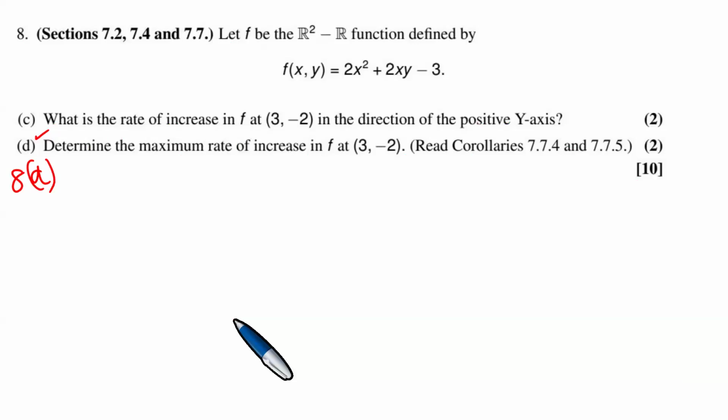To explain this one, we want to focus on the implications of what we call the corollary. A corollary is a result that is deduced from a very useful theorem.